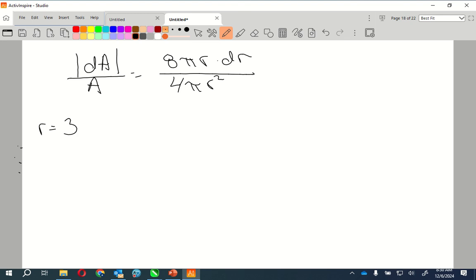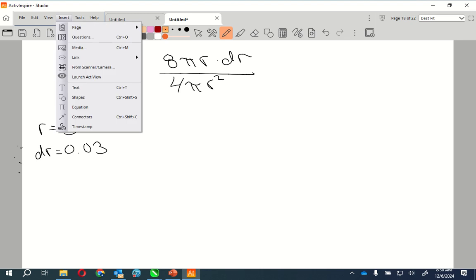What else did I have? I also have my dr. Now, delta R, dr, did I find the change in the radius? That was the first thing I did. That was the tolerance. So the change in radius was how much? 0.03? Okay, good. So now it's an algebra problem.